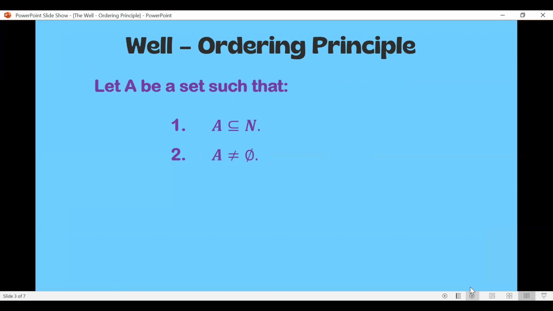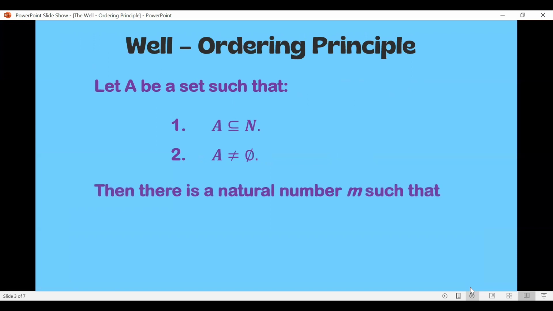Given these two conditions, there is a natural number M such that M is an element of A, which means the number is in the given set, and second, M is less than or equal to a for all a elements of set A.